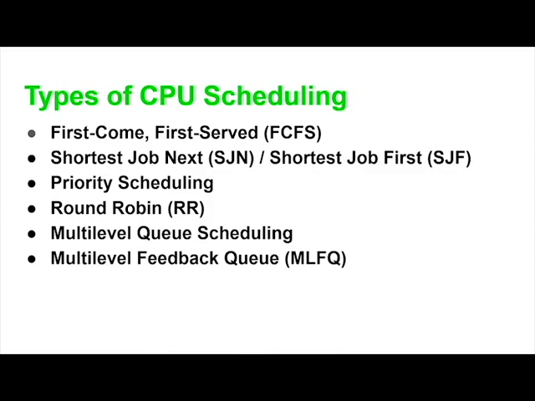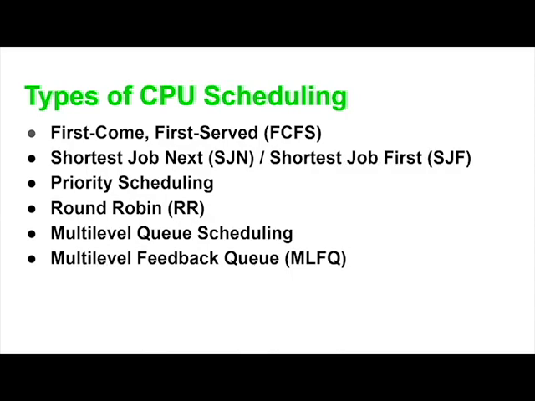The pros of this one are that it is fair and responsive, and great for time sharing systems. The con is that performance depends on the quantum size. The fifth one is multi-level queue scheduling. The processes are divided into groups like system processes, interactive processes, and batch jobs.